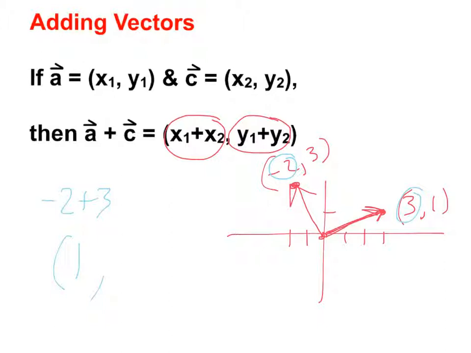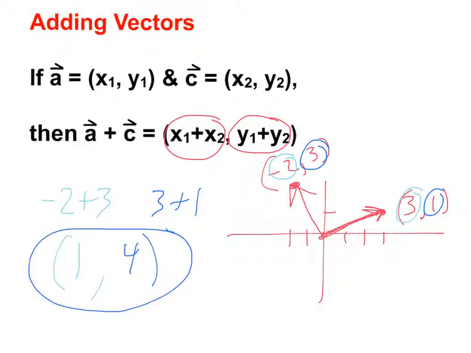And then I take the y's, 3 plus 1 is 4. Those would be the coordinates for my ship taking into account the wind, which would be somewhere here. That would be the drawing for my new vector, roughly close to that.